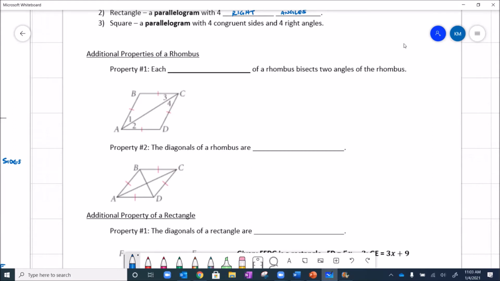The first additional property of a rhombus is that each diagonal of a rhombus bisects two angles of the rhombus. So the diagonal here, AC, bisects this angle so that we know that angle 1 is congruent to angle 2. We know that angle 3 is congruent to angle 4.